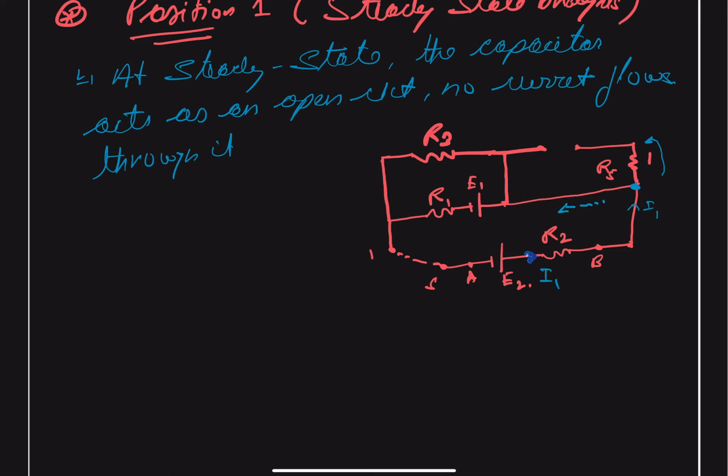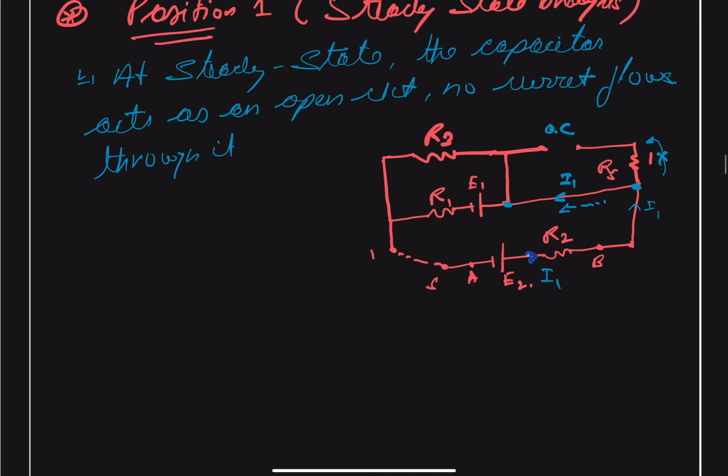But as we have an open circuit here, no current will be flowing in this direction. So here we are going to have current I1. Here it will try to divide itself into two parts. Let us suppose in this direction we have I2. Therefore through E1 we have current I1 minus I2.